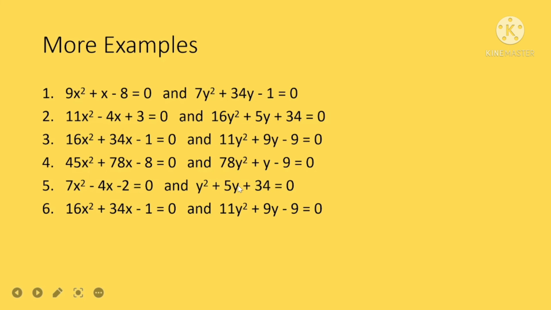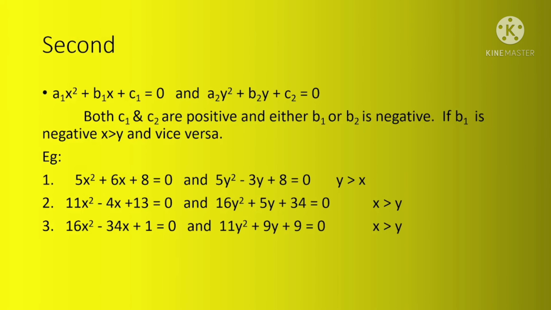the value of c is negative in the first equation, and in the second example it is positive. Hence we cannot apply the second principle also. We must not forget that there are two conditions to be followed in the second case.